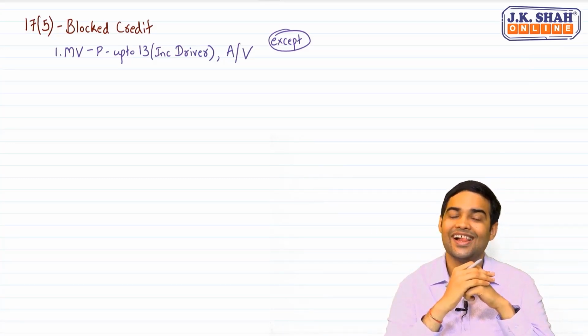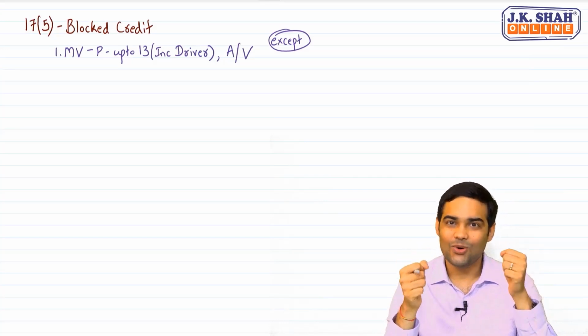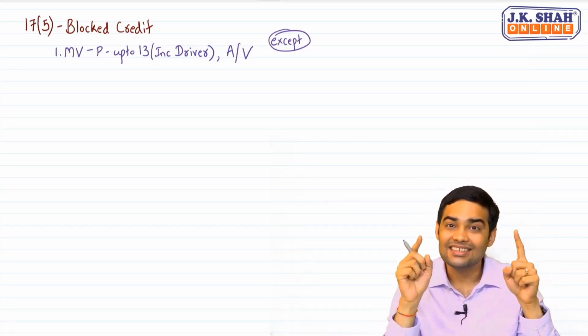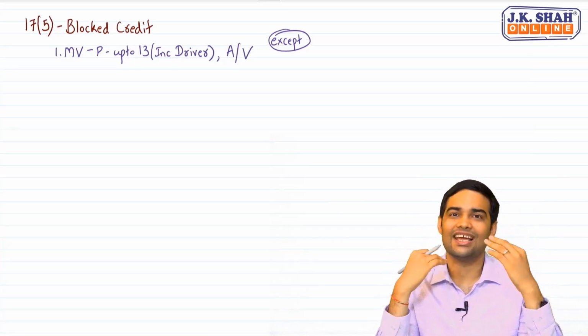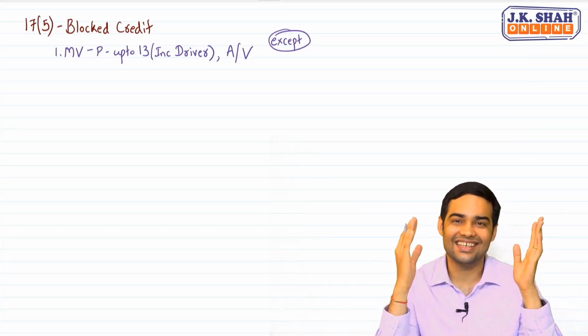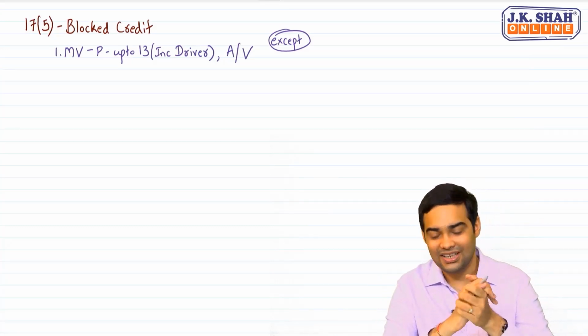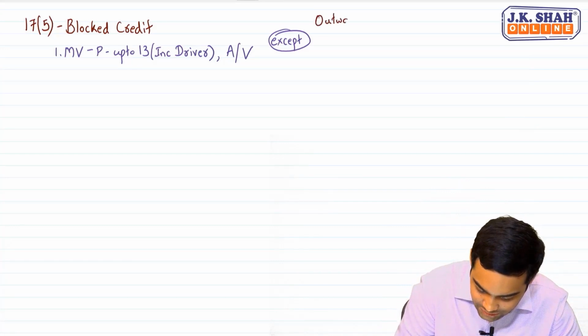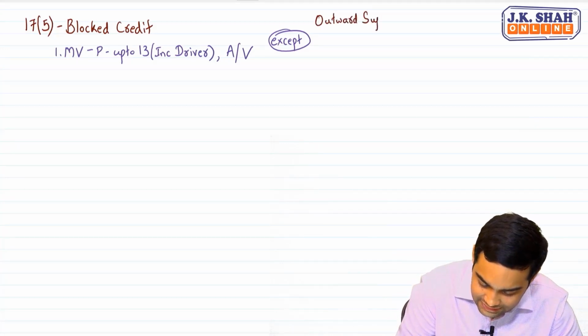Now, I am imparting motor driving skill. When I am imparting motor driving skill, in such cases, will I get ITC while I purchase the car? The answer is yes. Remember, if I am in these three outward supplies, in that case, I will get ITC.